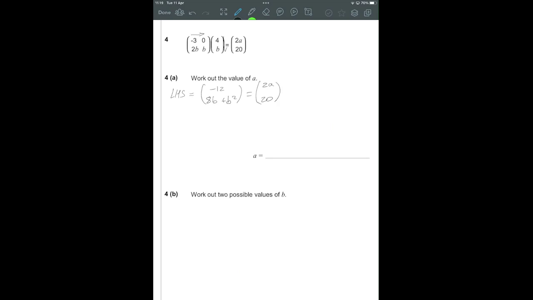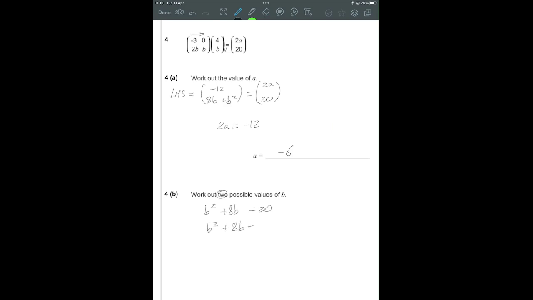In part A of the question, we've only been asked to find the value of A, which we get from just comparing the top components. So A is -6. B, we compare the bottom components. And what's nice here, it does say 2 possible values, and I've got a quadratic here.